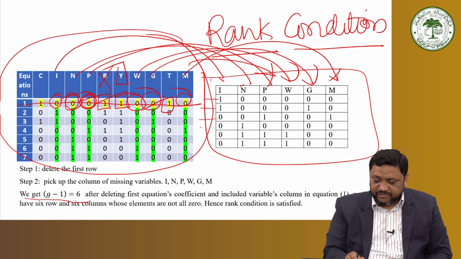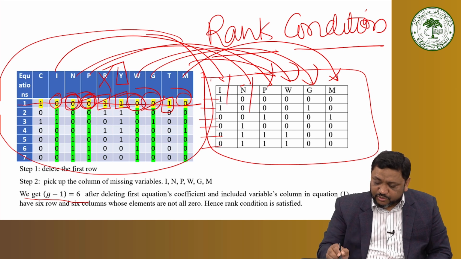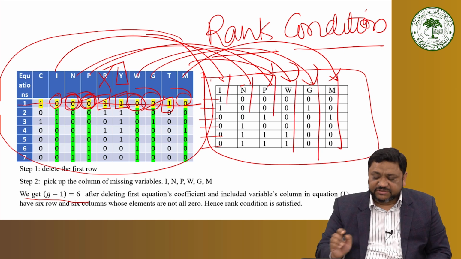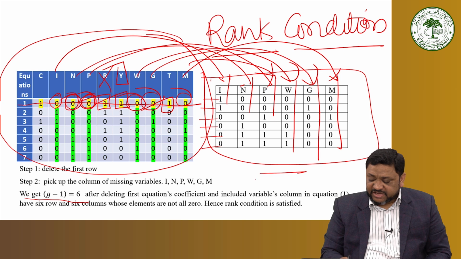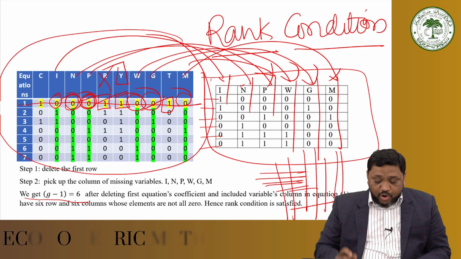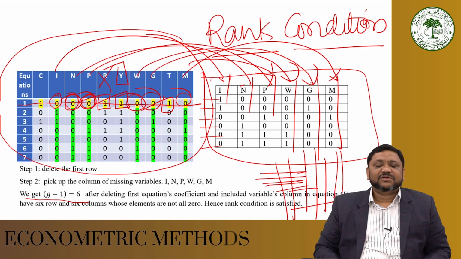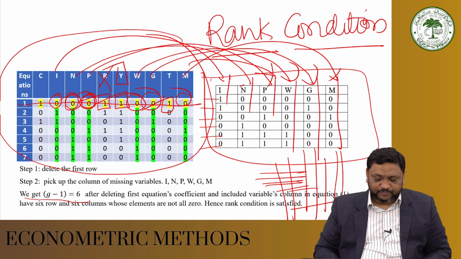We have 6 rows, 1, 2, 3, 4, 5, 6, and 6 columns, 1, 2, 3, 4, 5, 6, whose elements are not all 0. So hence the rank condition is also satisfied.